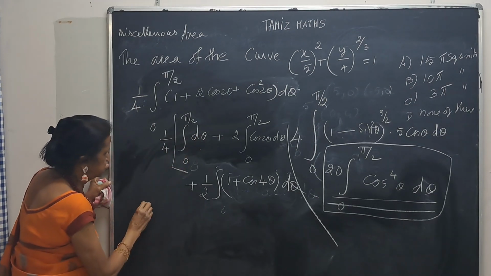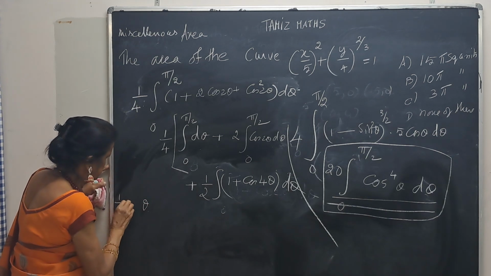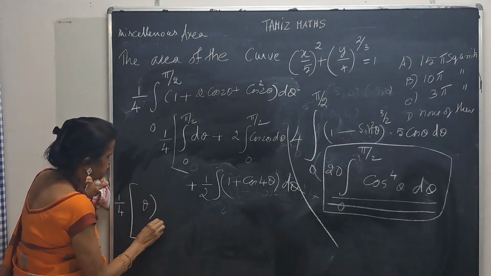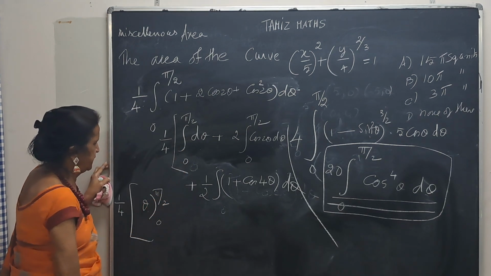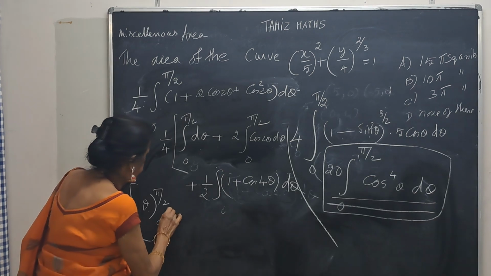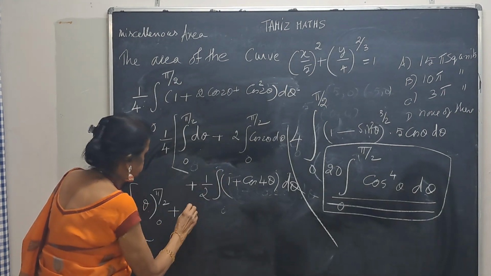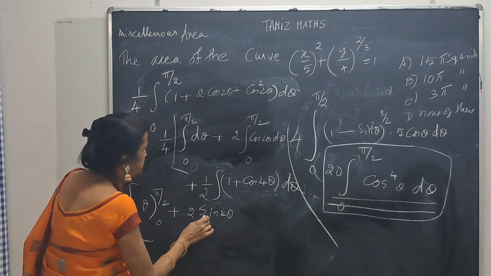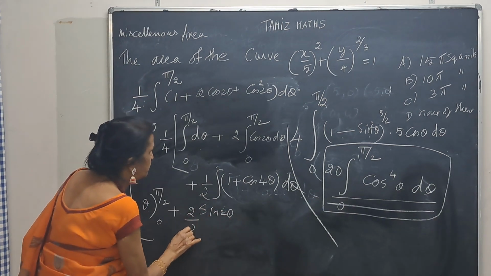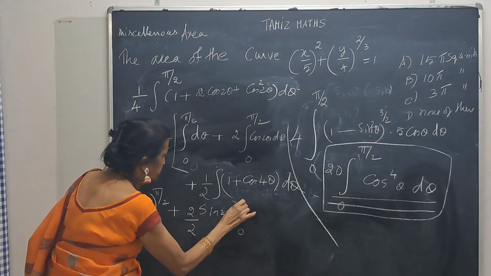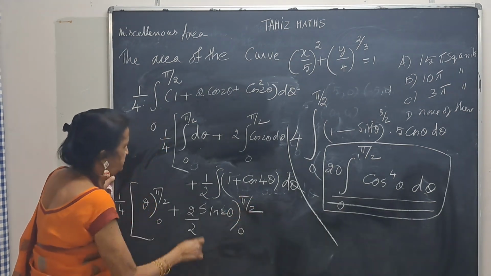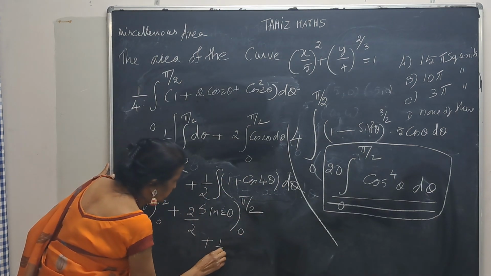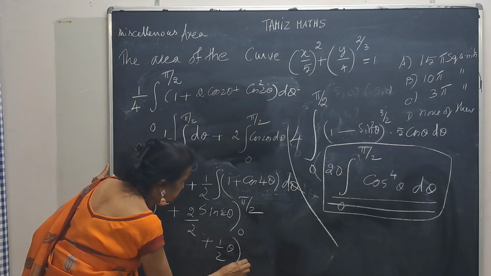I think I'll better do it step by step. The integral of d theta is theta, from 0 to pi by 2, plus 2 times sin 2 theta by 2, from 0 to pi by 2, plus half d theta, so that is half from 0 to pi by 2.